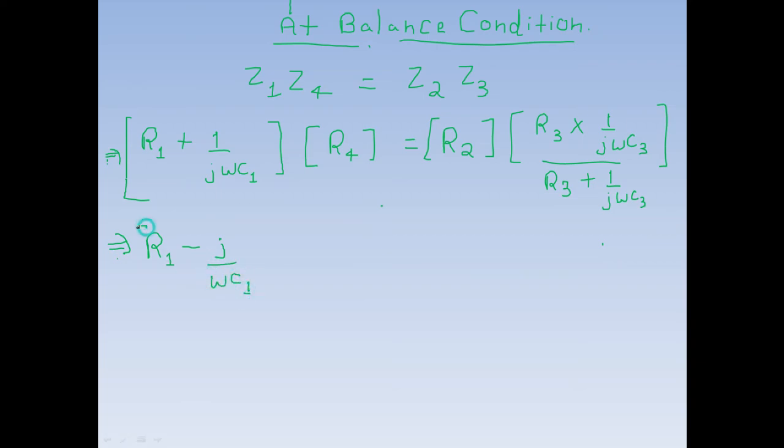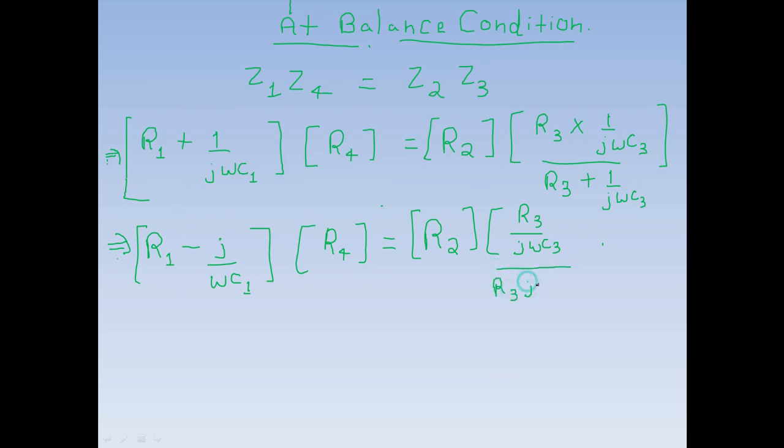This gets multiplied by R4 and is equal to R2 and this R3 upon j omega C3, in the denominator R3 j omega C3 plus 1 upon j omega C3.